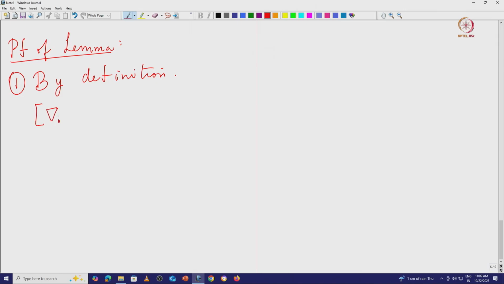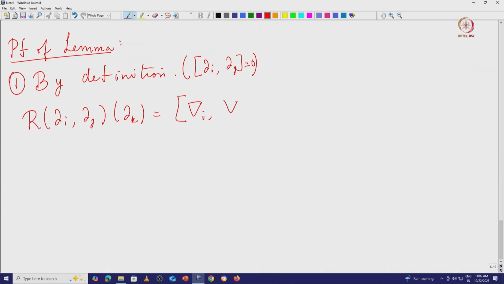If you look at the commutator of del i, del j, since if you take the standard basis vectors then their commutator, their Lie bracket, is 0, right. So the curvature del i del j applied to del k is simply this commutator applied to del k, right.